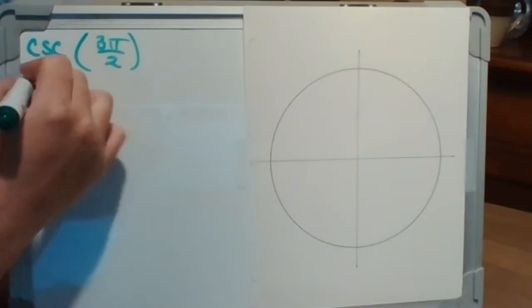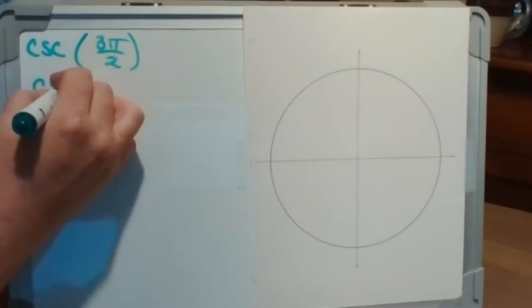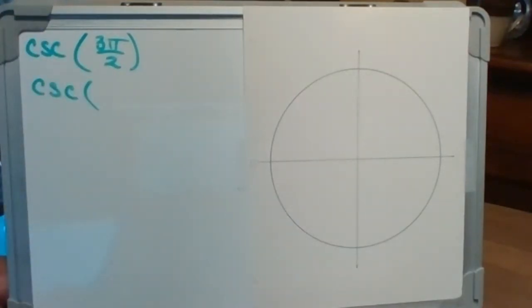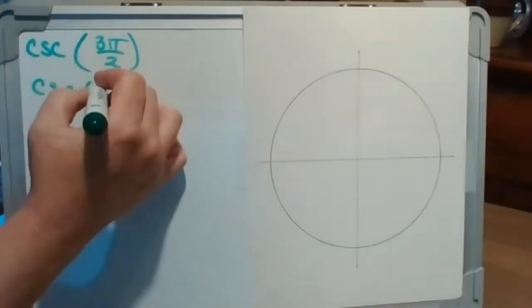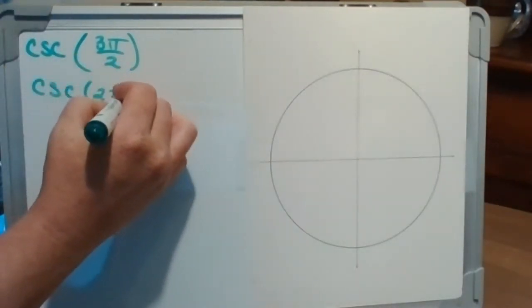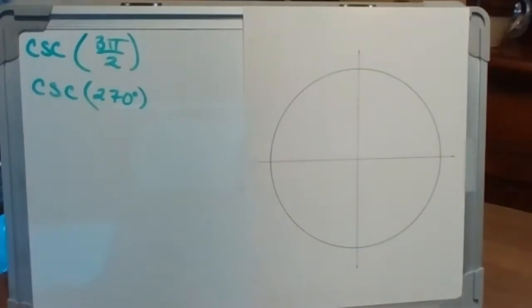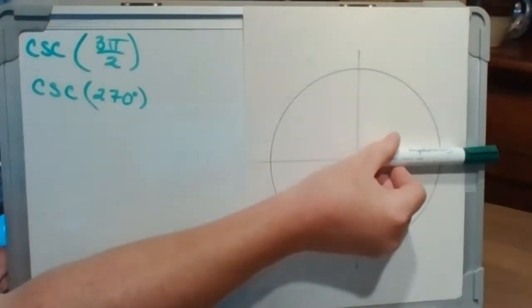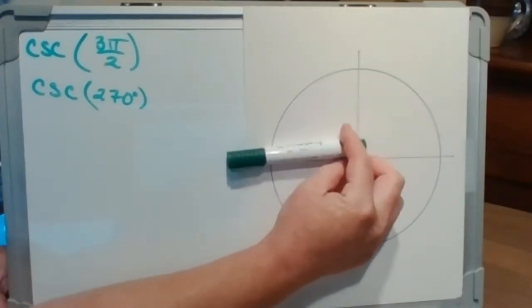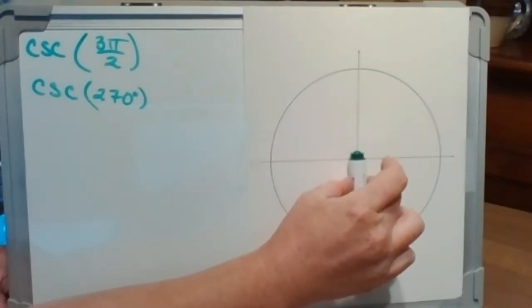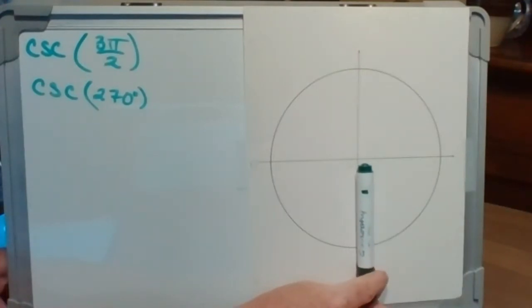So let's get this into degrees. 3 pi over 2, how many degrees is that? 270 degrees. So I need to find that on my unit circle. 90, 180, 270. So 270 is right here on our y-axis.